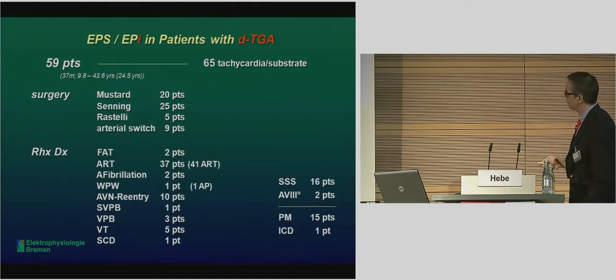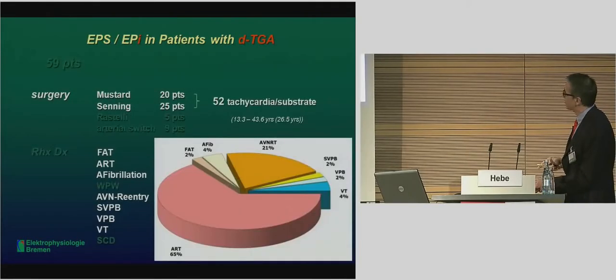And down here you see the tachycardia types that have been seen in these patients. Here, the bradycardia, which Joachim Hebe will address, this group of patients, only 1 with ICD, and the high number of bradycardia problems resulted in pacemaker implantation in 15 patients.